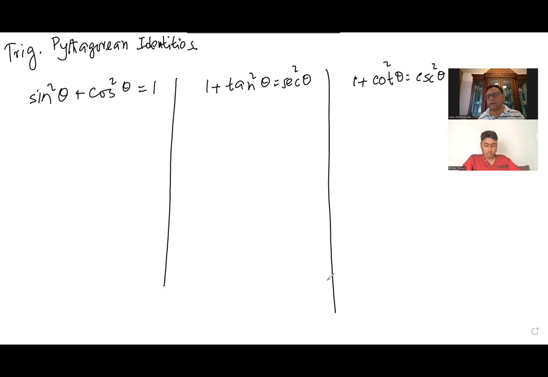Correct. So we got 3 identities right there. Do you see them? Yes, sir. The first identity was the ratio sine theta over cos theta equals tan theta, and 3 more. So 4 identities we have covered.